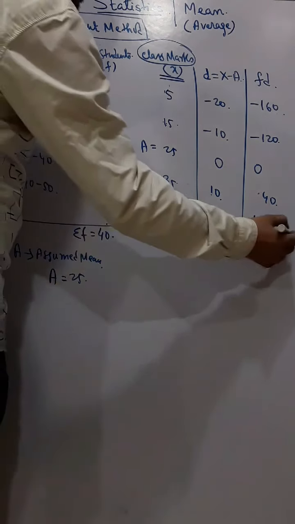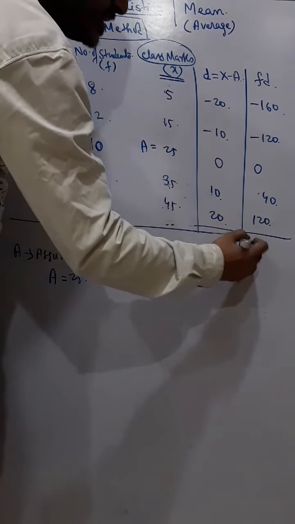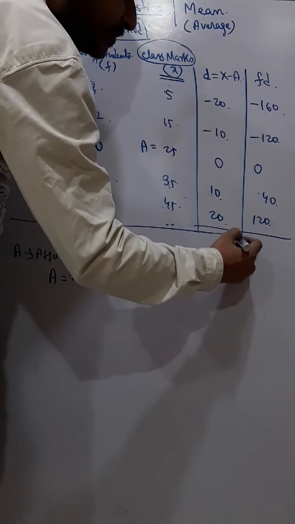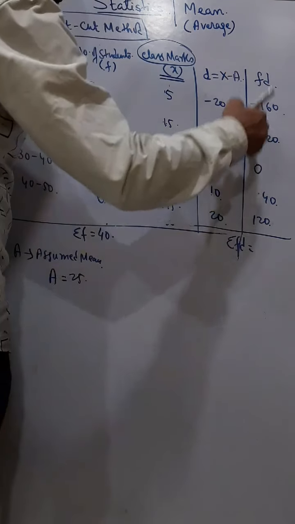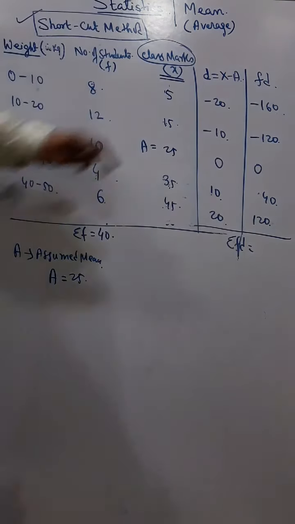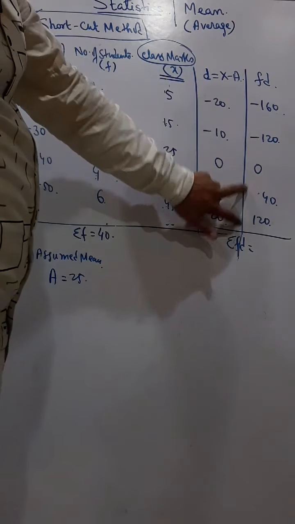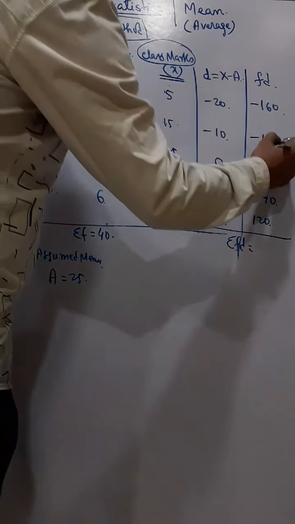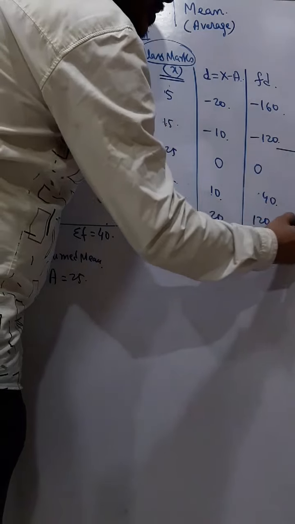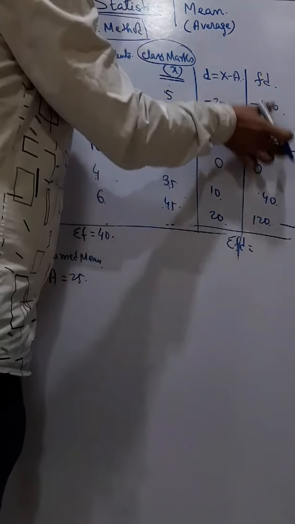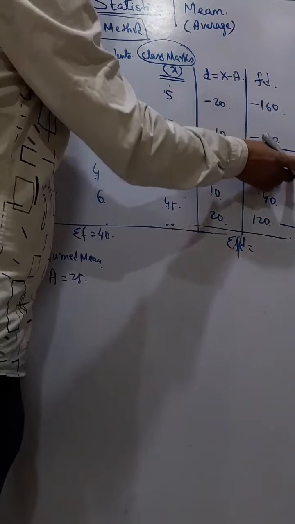Okay, and now we will find sigma fd here. Sigma fd means summation of this. Since you will have both negative and positive, I always say it's better you do this in different parts, the negative and the positive.